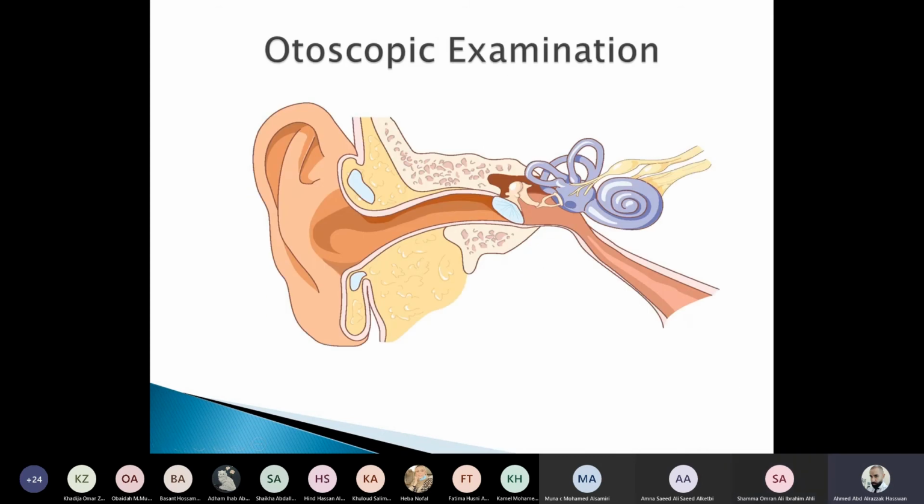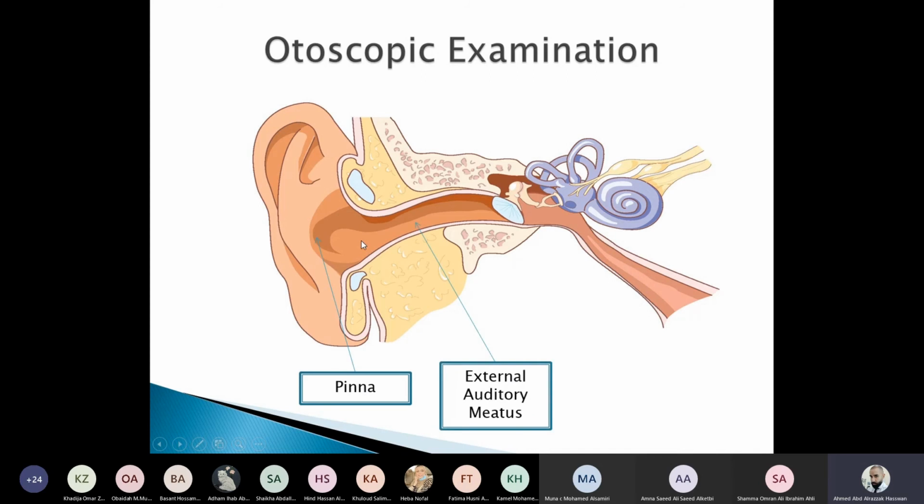Now again, before we start, let's take a basic idea about what we're going to examine. Of course, as you know, the ear consists of the external ear. Now the external ear consists of the pinna outside, then the external auditory meatus. Okay, so both of these structures constitute the external ear. So any disease or pathology here, we will be referring to the external ear.